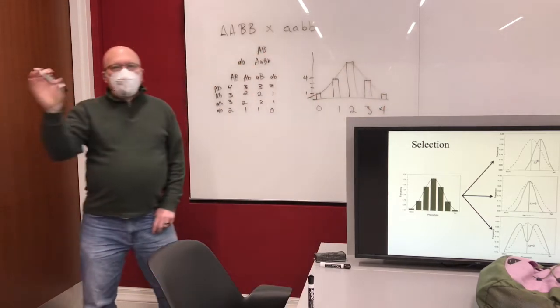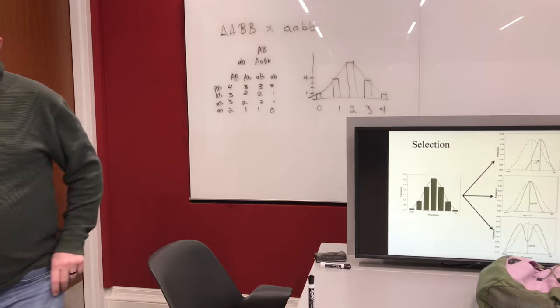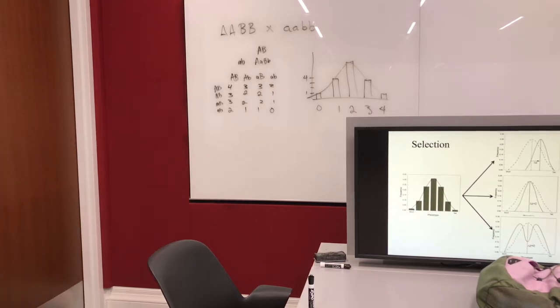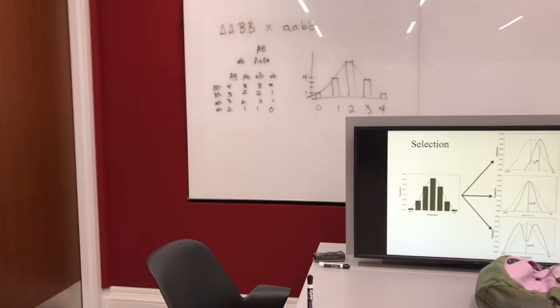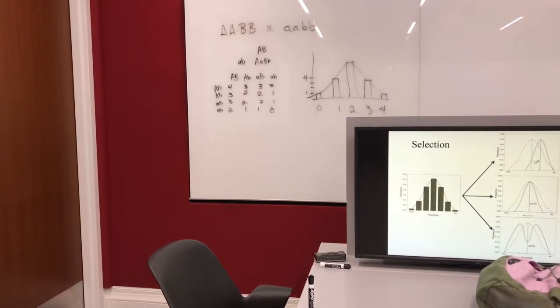If height is a characteristic that is governed by multiple genes, and each dominant allele of those genes contributes a little bit to height, you will get a distribution that looks normal with some individuals that are very tall, some individuals that are very short, and a bunch of individuals clustered around the average phenotype.